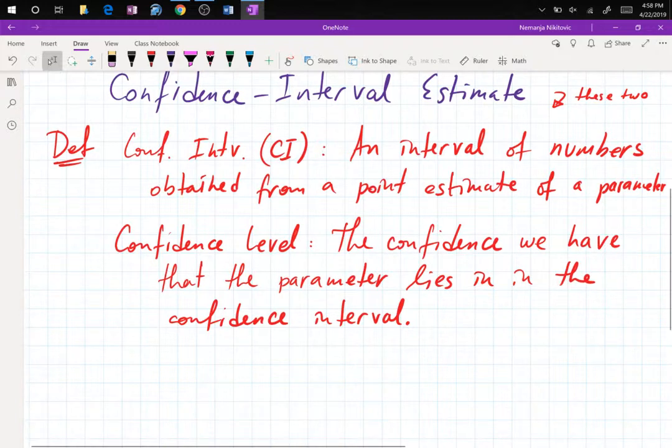estimate at the mechanic shop was between $5 and $72,000, right? That's what I said. Why? Because I'm 100% certain that the price of changing that light bulb will be between these two if you bring your car in. Now, I am 99% confident that changing the light bulb at the dealership will be between $5 and $100.